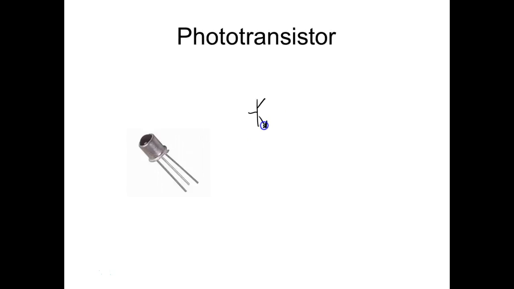What we do is we look at this arrow right here, and we have two types. We have what we call an NPN and a PNP. This one is not pointing in, so this would be an NPN. This is pointing in, so this would be a what? A PNP.